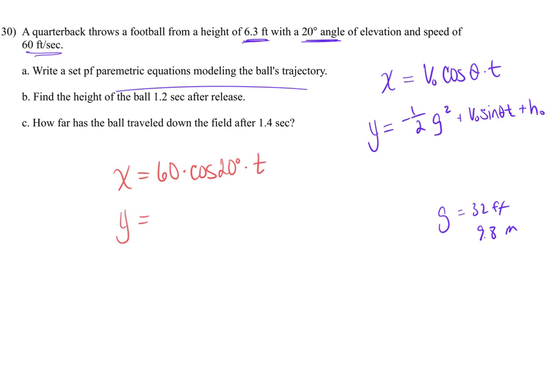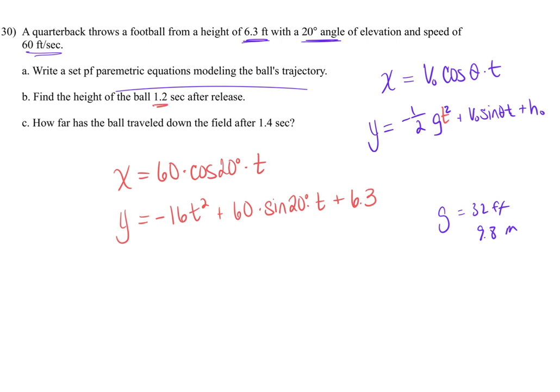Y, we're talking feet per second, so negative 1/2 times 32, so that's 16 t squared, plus my initial velocity 60 times the sine of my theta, which was 20, times t, plus my initial height, which was 6.3. Those are my initial parametric equations. Those will be the same for this type of problem.